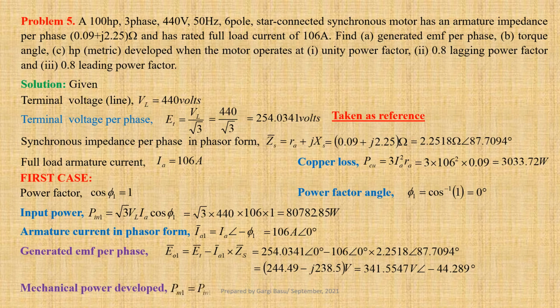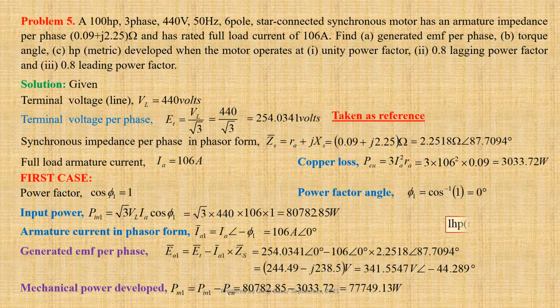Now we shall determine mechanical power developed. PM1 equals P in 1 minus P copper. Using values we get 80,782.85 minus 3,033.72, that gives us 77,749.13 watts.